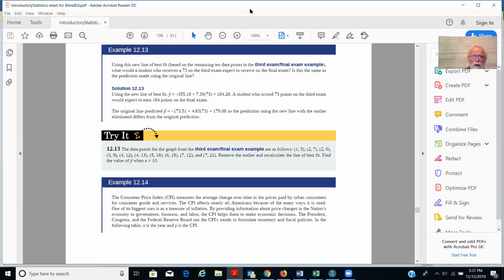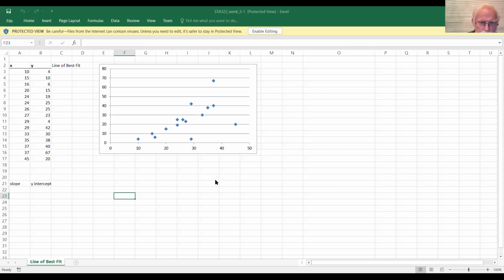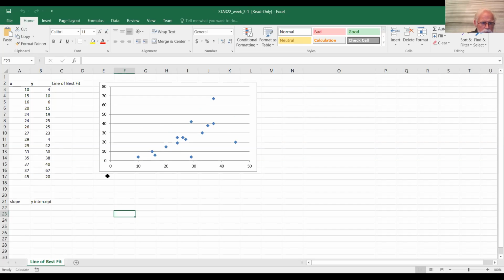So let's go back to now the spreadsheet for this week, which is this one. Okay, so here we have X and Y. We don't care what X and Y are, but the Y values are here and the X values are here. And the values are all over the map, as you can see here.